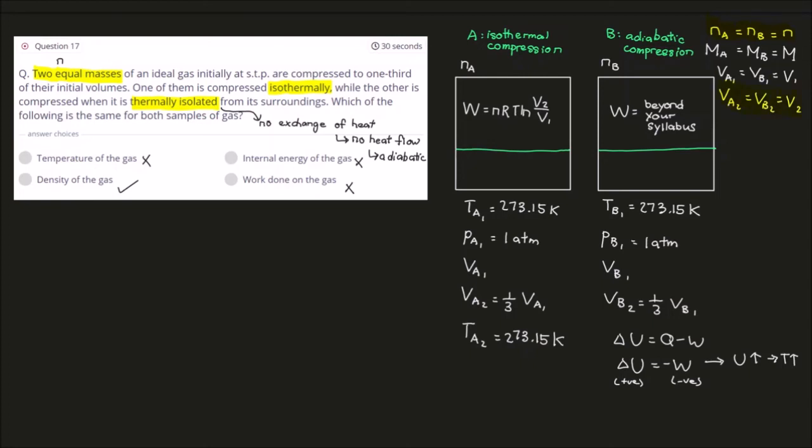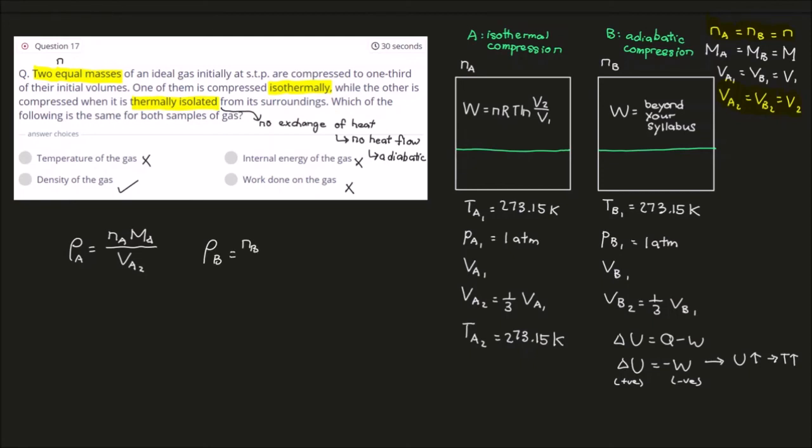So if mass is the same for both systems, and the volume is the same for both systems, density is just mass over volume. So number of moles times molar mass divided by the final volume. This should be A, then this should be B.